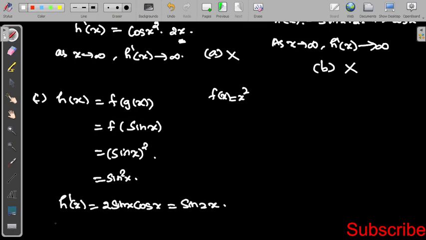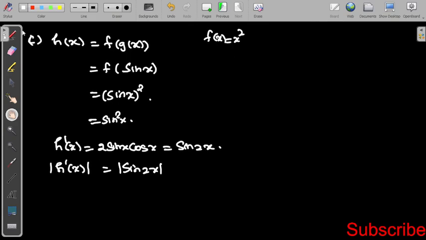Here, if you take the modulus, |h'(x)| is equal to |sin 2x|. Throughout the interval x belongs to R, it does not tend to infinity but stays less than or equal to 1. Sin 0 is equal to 0, sin 30 degrees is 1/2, and sin 90 degrees is equal to 1.